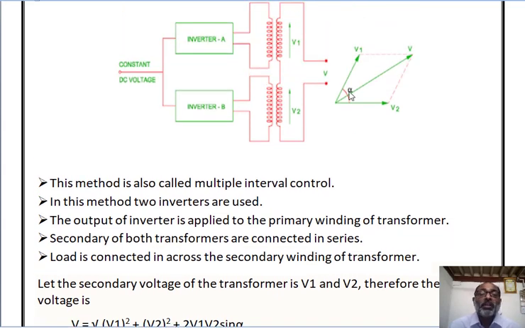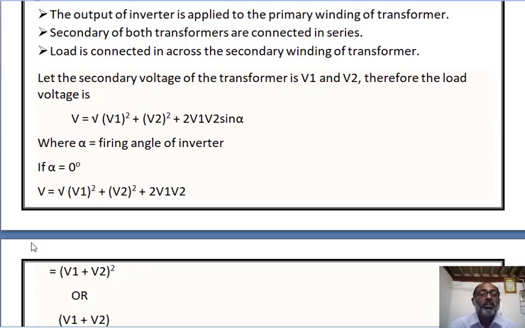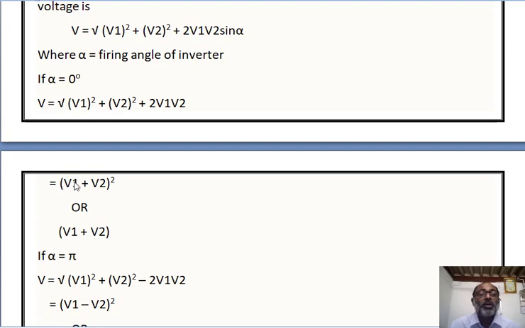Suppose alpha is equal to 0. Then our equation becomes the square root of V1 squared plus V2 squared plus 2 V1 V2 sine 0. Sine 0 means 0. So V is equal to the square root of (V1 plus V2) whole squared, or V equals V1 plus V2.